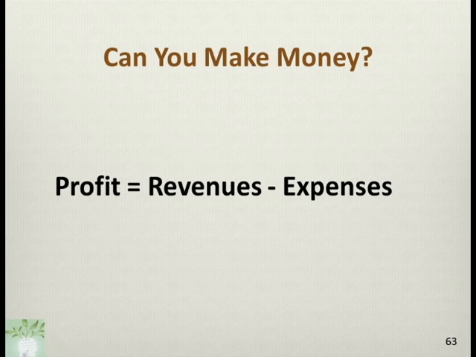So think carefully about, can you really make money? Because an SBIR is about funding a project that's going to be commercialized and make money. So keep in mind that profits are your revenues, which is another word for sales, minus expenses.